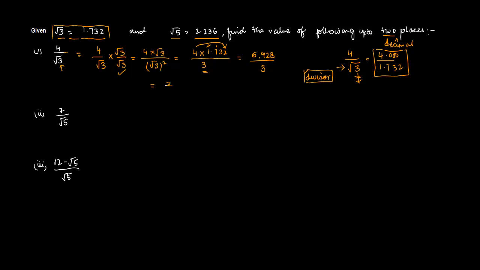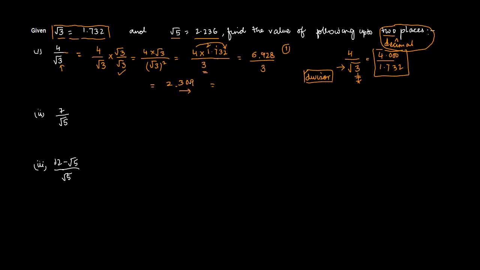So what happens if we divide 6.928 by 3? 3 goes into 6 2 times, 2, then we put in the decimal. 9 divided by 3 is 3, 2 divided by 3 can't go, so we put in a 0. 28 divided by 3 gives us 9. It's actually 27, one remainder, but we are not going any further because we have to find the value only up to 2 decimal places.